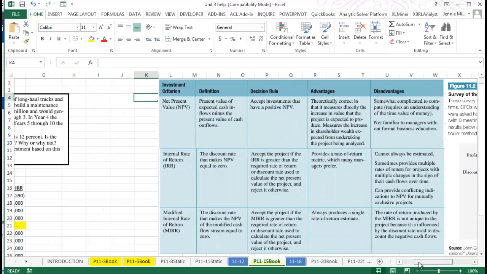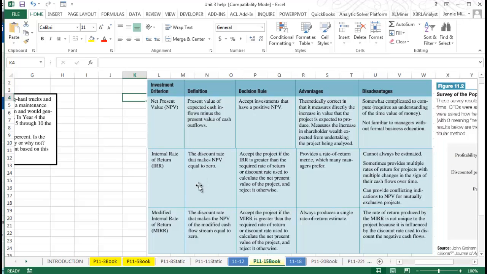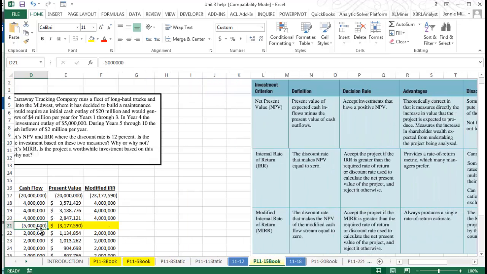So we're going to look at why we would do a modified internal rate of return in this problem. If you notice here, it talks about when you have values that are both negative and positive within the cash flow stream.